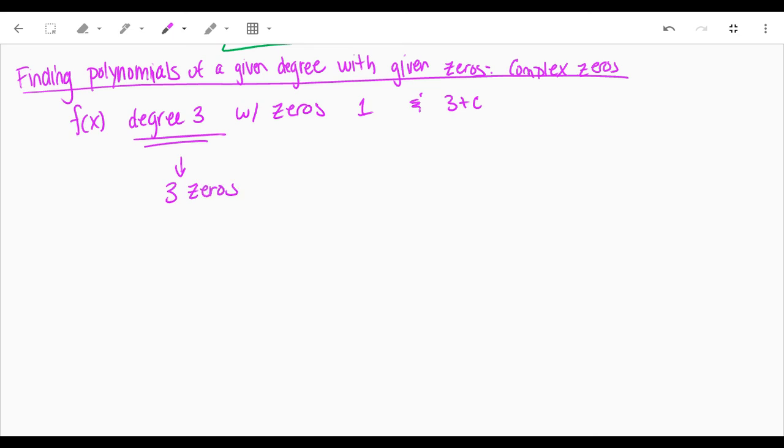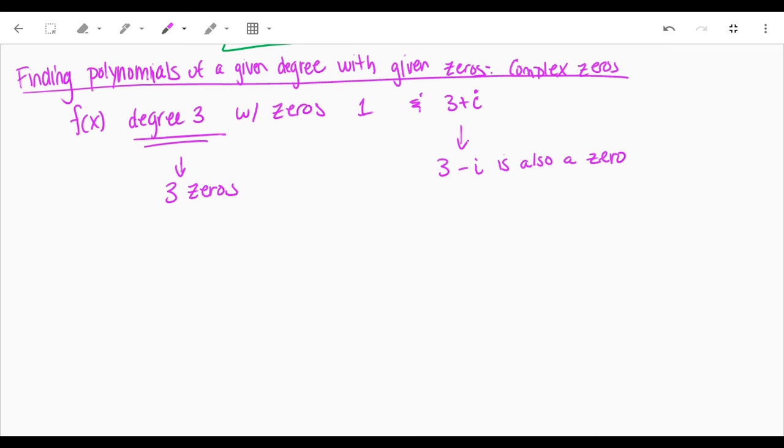And they only give us 2 of them, right? But if you remember this from Algebra 2, oops, this should be an i. If 3 plus i is a zero, then 3 minus i is also a zero. If there's a complex zero like that, then its conjugate also must be a zero.